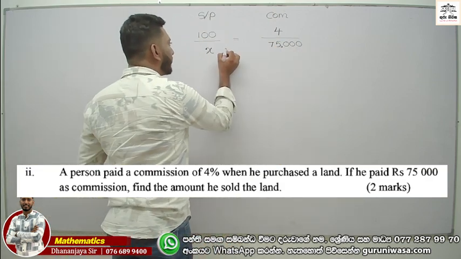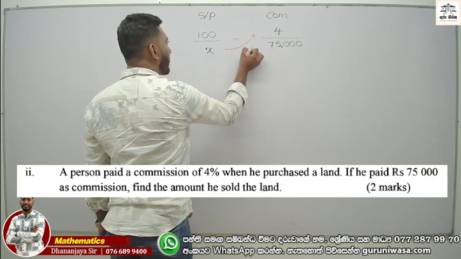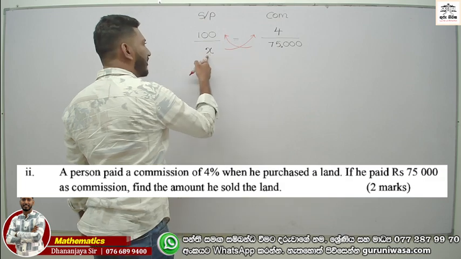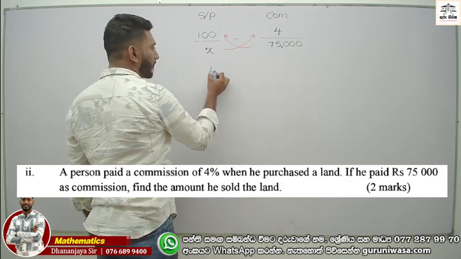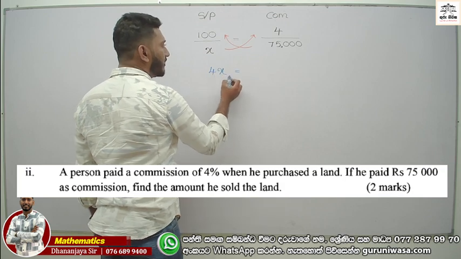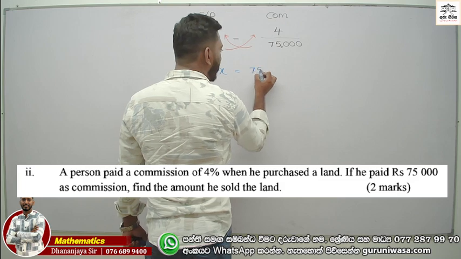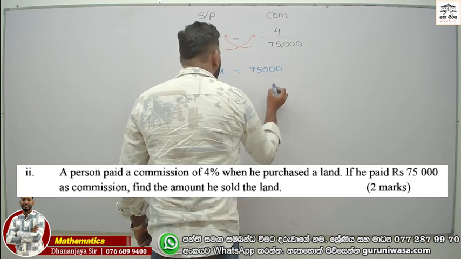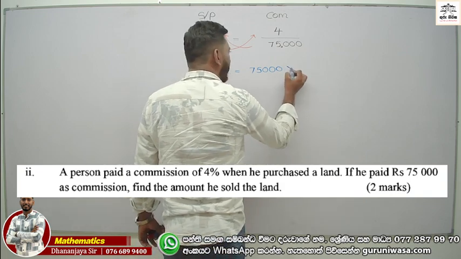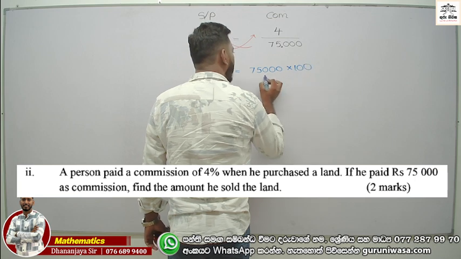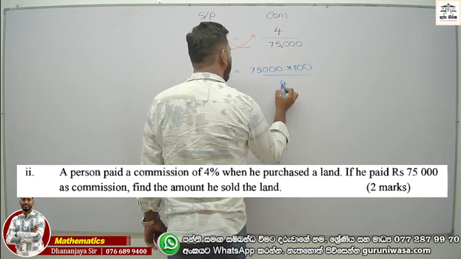Now I'm going to simplify with cross multiplication, right? X times 4, it should be 4x equals 75,000 multiplied by 100. Now divide both sides by 4.